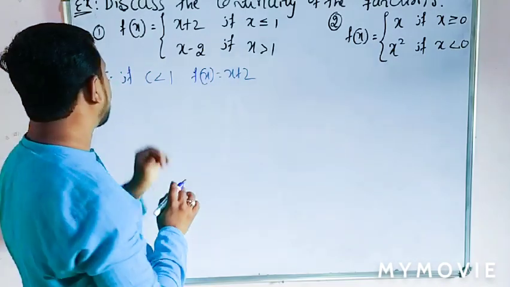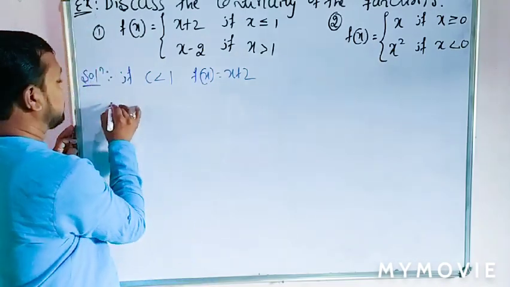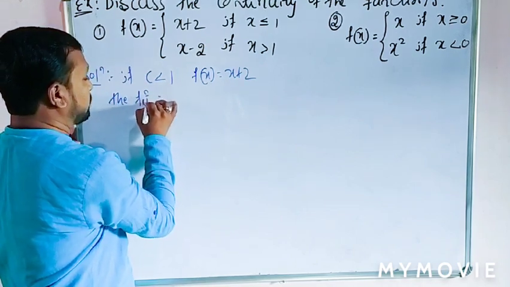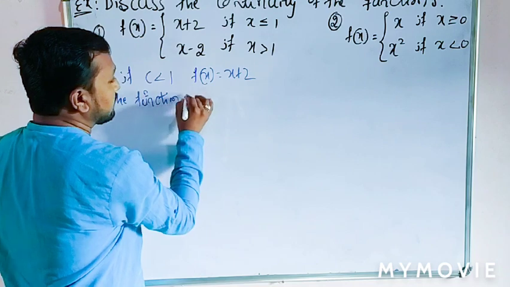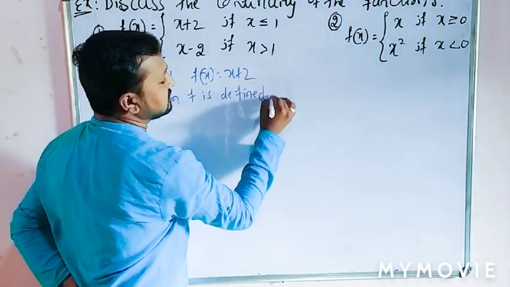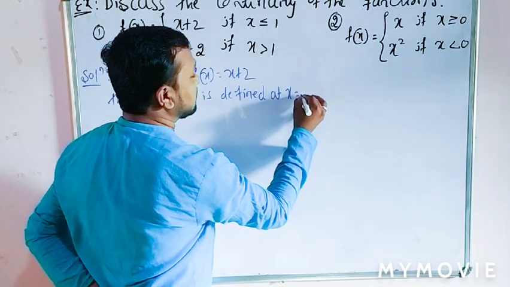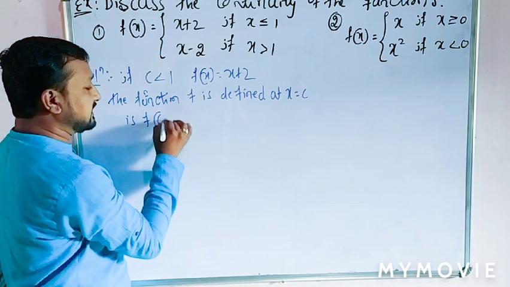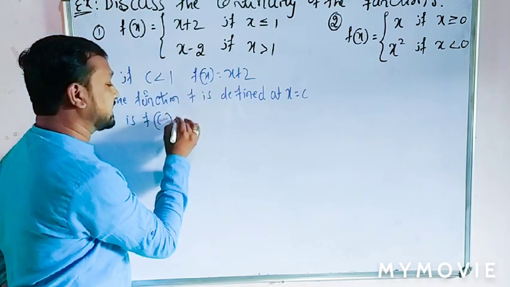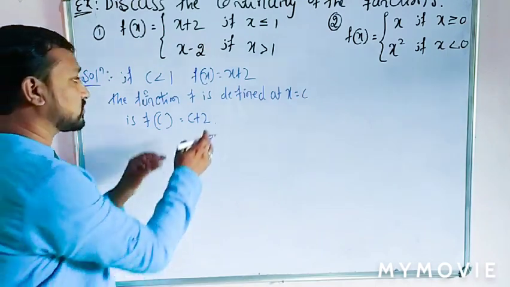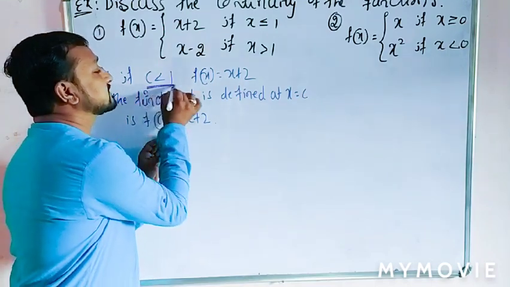Here, the function f is defined at x equal to C, and f of C is equal to C plus 2. This is a constant value regarding C less than 1.